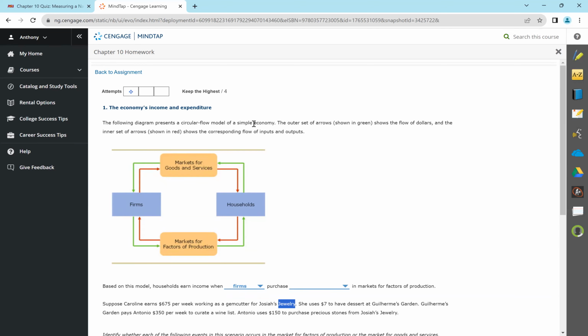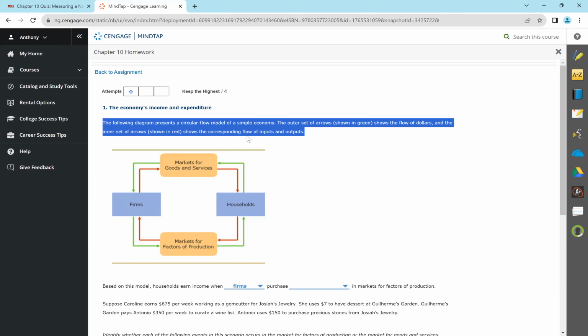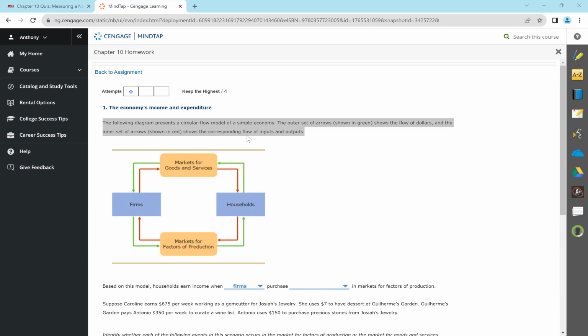Yeah, so this is where I always go to the internet. Could it be when households purchase markets for goods and services? Let's take a look at a thumbs up answer. When firms, it says firms purchase resources. So I don't know what that is.